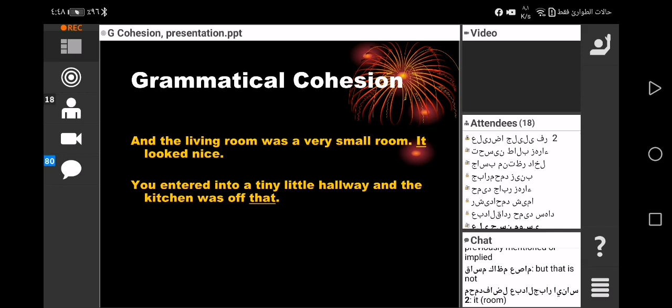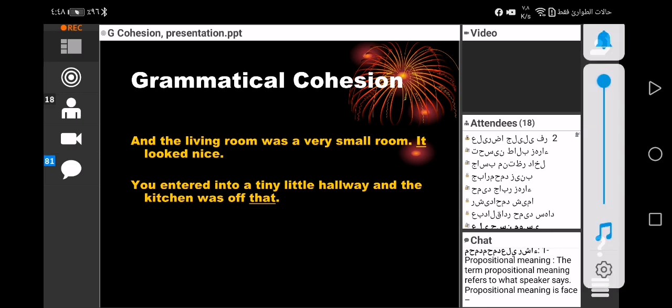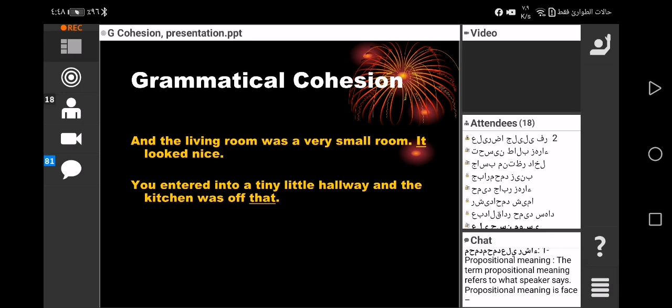But take the second example. You entered into a tiny little hallway and the kitchen was off that. You are talking about two places, right? A hallway, a kitchen. So you are drawing the attention of your hearers from the hallway to the kitchen. It's the question of the focus of attention.